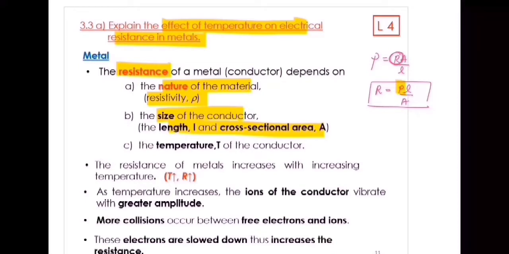If the area is reduced and the length is increased, the resistance would increase. The resistance and the cross-sectional area are inversely proportional, whereas the resistance and the length are directly proportional.